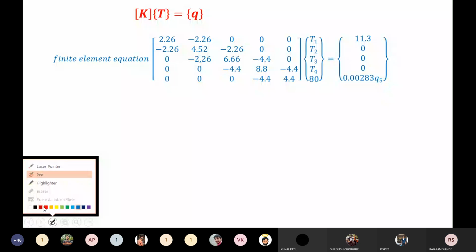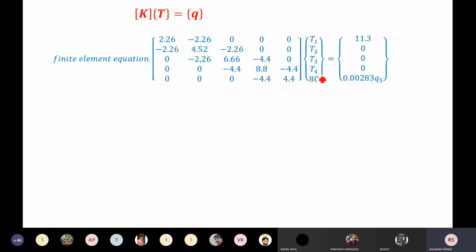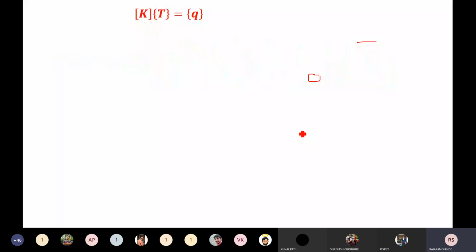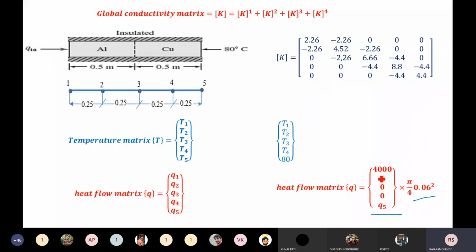Now how I have taken this one, I will show you. You see here 4000 into this area, pi by 4 d square. 4000 into this area, how much is it? 11.3. I have taken this inside here also, that is at Q5 also.